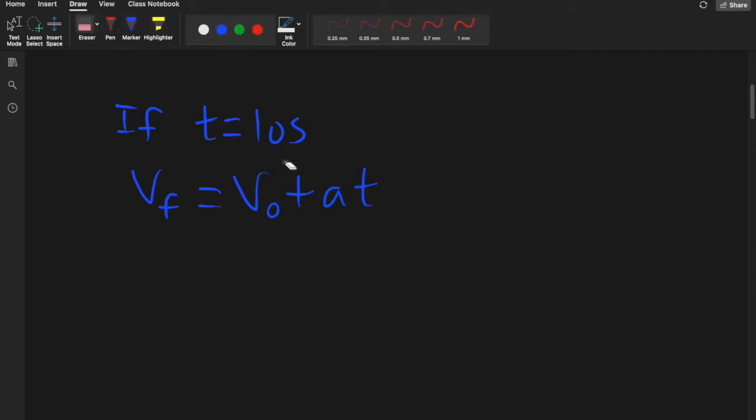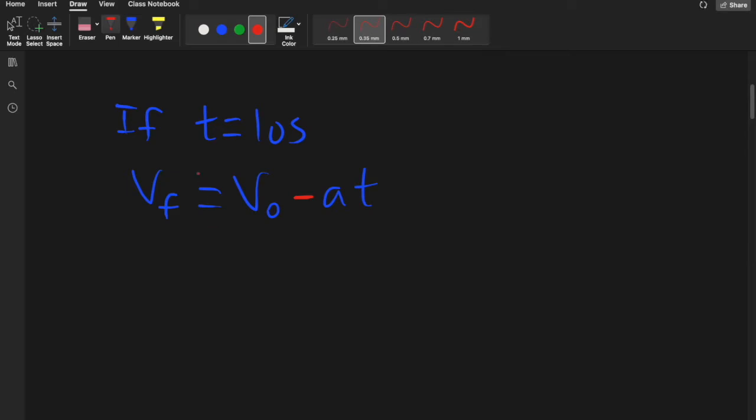So if time is equal to 10 seconds, then we know the formula that final velocity is equal to initial velocity plus acceleration times time. In this case, acceleration is a negative number, so it will be represented by a negative sign here, right?